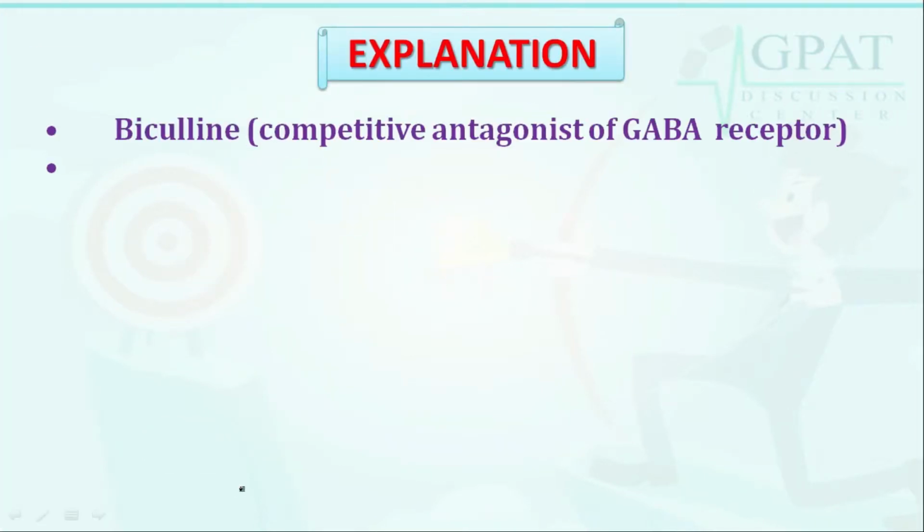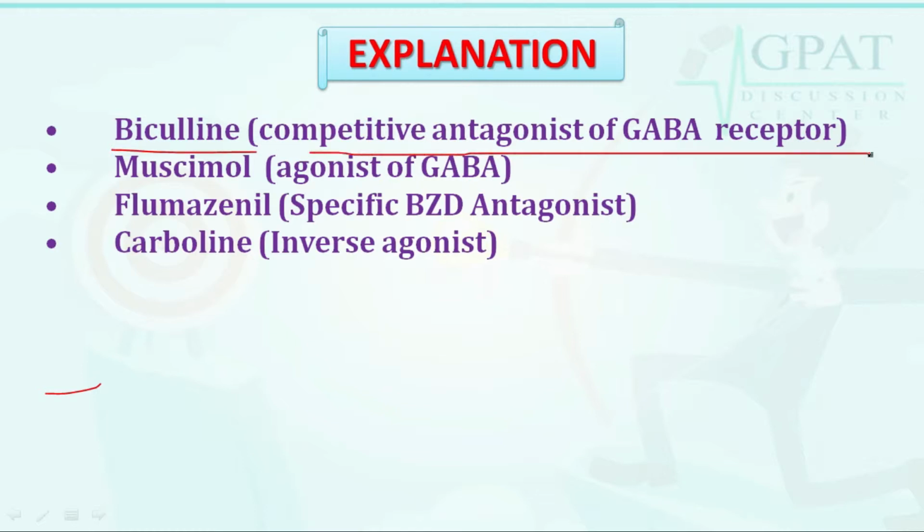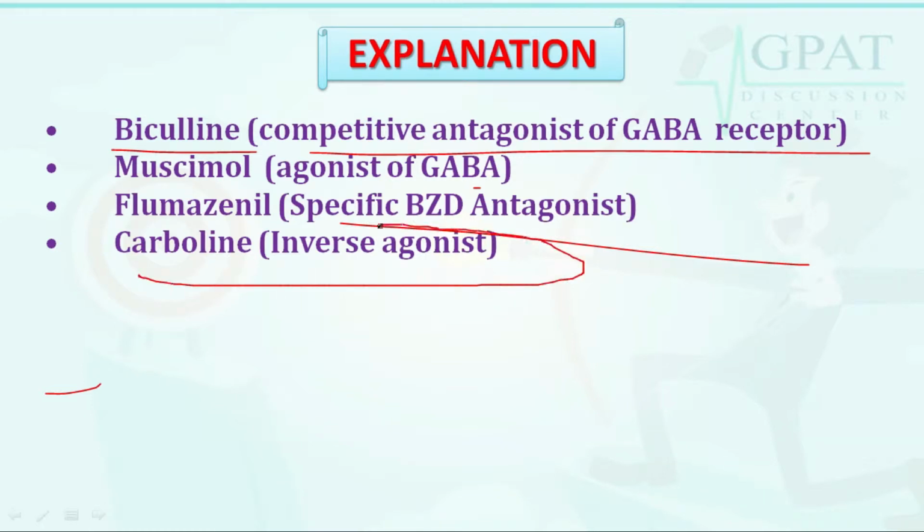Here we have an explanation on this question: bicuculline is a competitive antagonist of GABA receptor, whereas muscimol is an agonist of GABA, flumazenil is a specific benzodiazepine antagonist, and carboline is an inverse agonist. Students, this is the missing one in that question. So carboline is an inverse agonist.